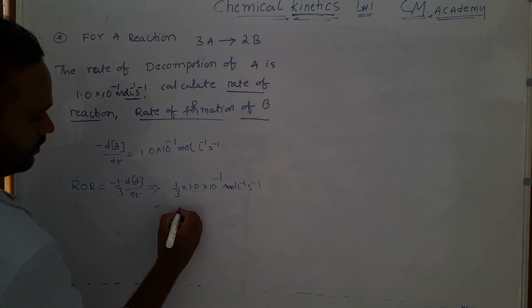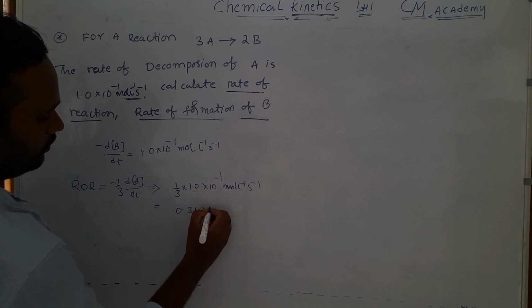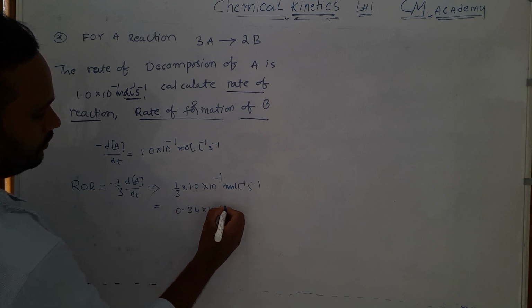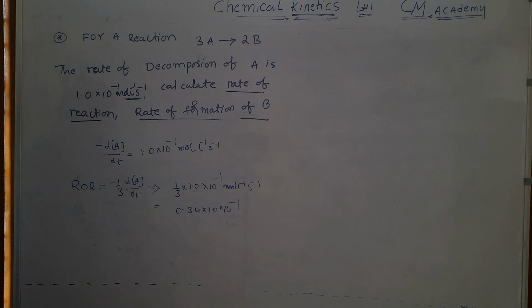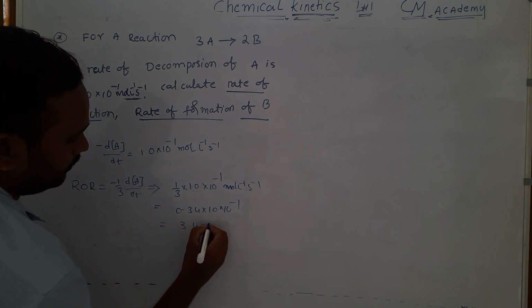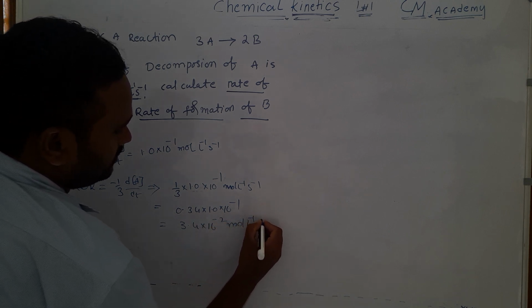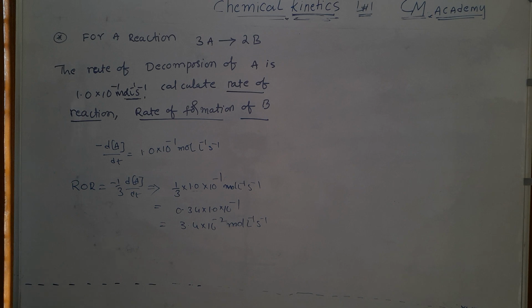That is 0.34 into 1.0 into 10 power minus 1, or simply 3.4 into 10 power minus 2 mole liter inverse second inverse. That is the rate of reaction, and next the rate of formation of B.